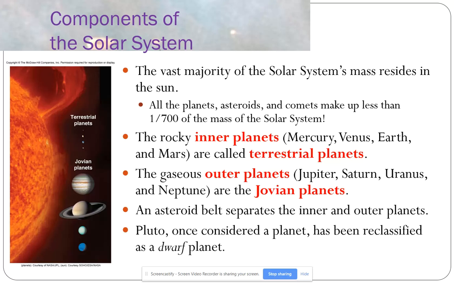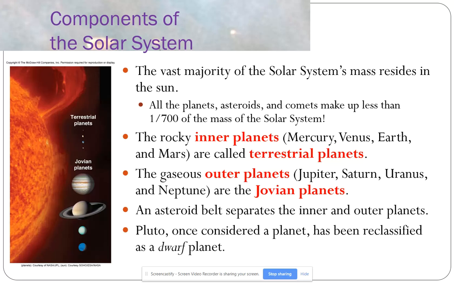I don't know why. But Venus is nearly as big as the Earth. It's like 95% the radius of the Earth. Very close to the size of the Earth. Mars is around 70% the size of the Earth. So you can see Mars is quite a bit smaller than the Earth. And then Mercury is smaller than the Moon. Mercury is a little planet.